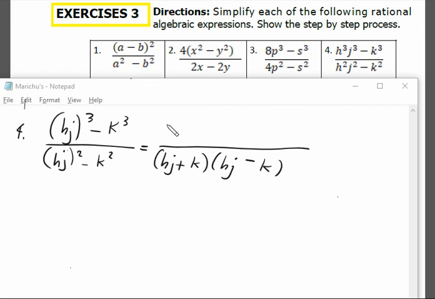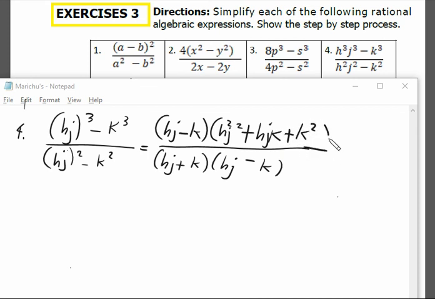Then we have here hj minus k. Then we have the square of hj, that is h squared j squared plus hjk plus k squared. Then we have to cancel this with this one here.